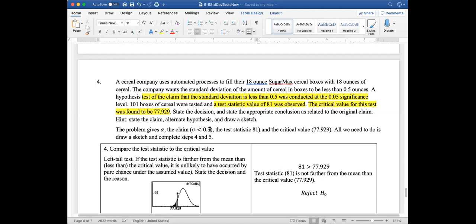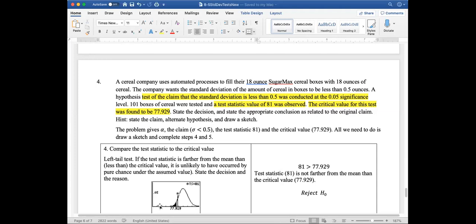We've got a test statistic, which is 81, and a critical value of 77.929. Since the claim is less than, that means H1 is also less than, the alternate hypothesis, which makes it a left-tailed test.